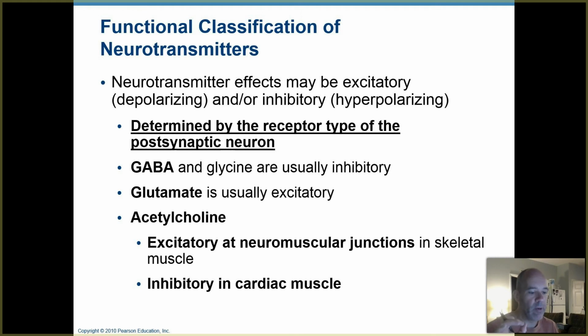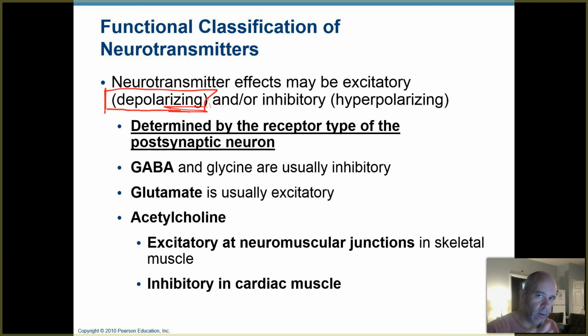And remember, when we say stimulate, it means the presynaptic neuron is trying to get the postsynaptic one to generate an action potential. It's trying to make that happen more easily. And so stimulation occurs because your postsynaptic neuron is undergoing depolarization.